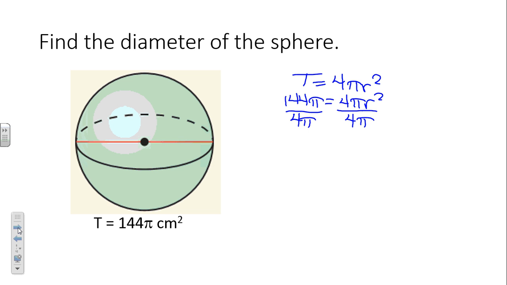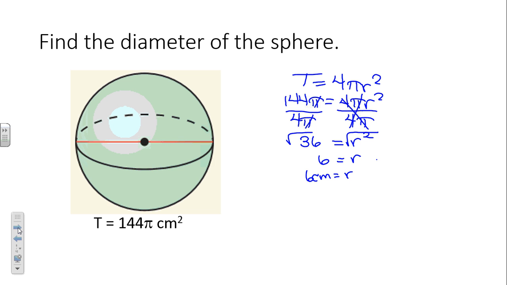Okay. 4 pi's are gone. And what's 144 divided by 4? 36. So if 36 equals r squared, what's r? We take the square root of both sides, and r becomes 6 centimeters. It is easy if you put your formulas down.